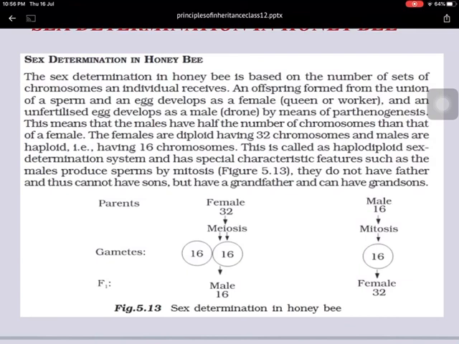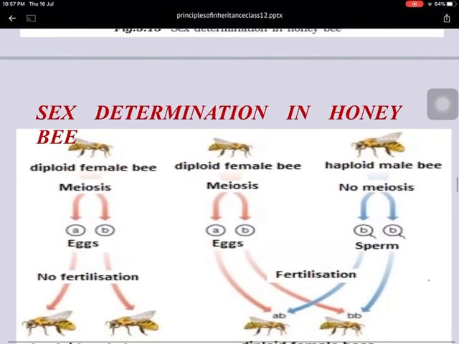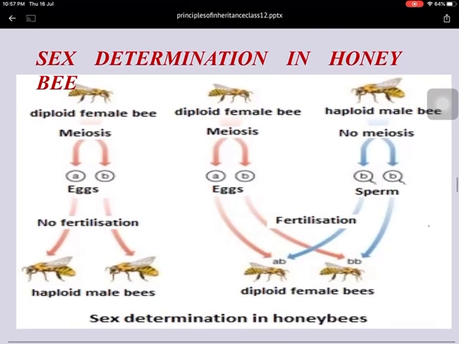At the time of formation of gametes, the chromosomes divide, that is 16 and 16. Whereas in the case of the male, there are only 16 chromosomes present. So here male is haploid in nature. Remember that. Now what happens in sex determination in honeybee? Female is diploid whereas male is haploid.